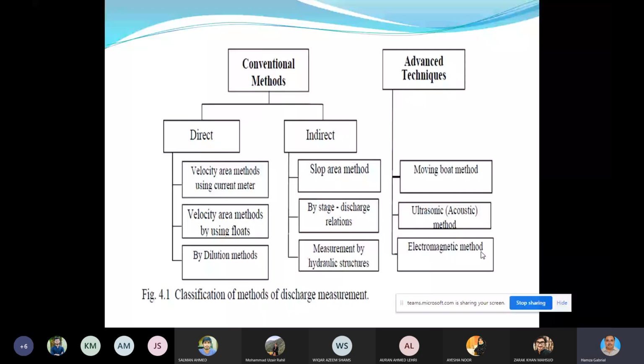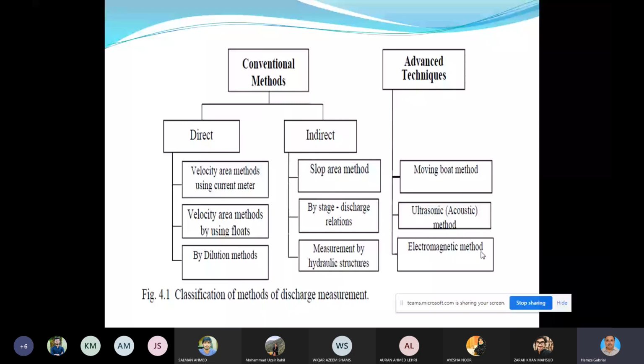So these are the moving boat methods, the ultrasonic or the acoustic method, where acoustic pulses or acoustic signals are used to measure the discharge, and we make use of electromagnetic waves also in order to determine the discharge.